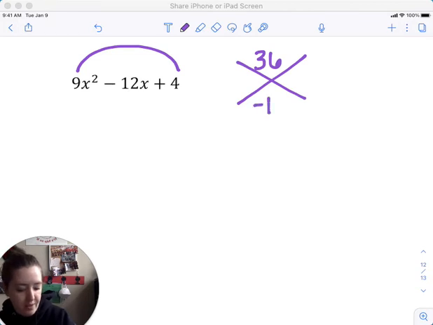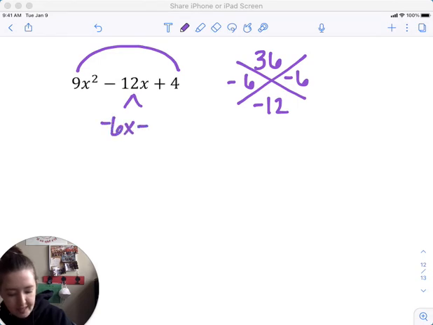Our b value in the middle is negative 12. Since we're multiplying to a positive and adding to a negative, that means both of these numbers are going to be negative. So what multiplies to 36 and adds to negative 12? Negative 6 and negative 6. So we'll split our middle term into negative 6x minus 6x.